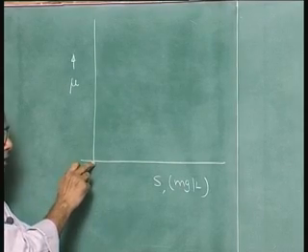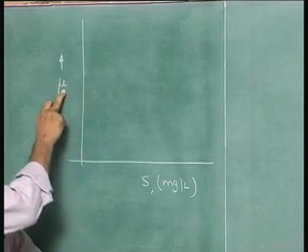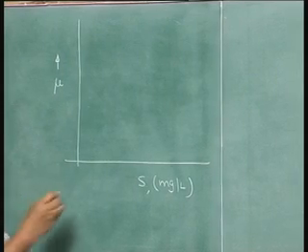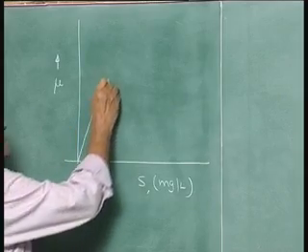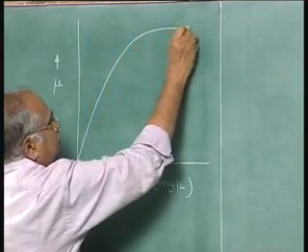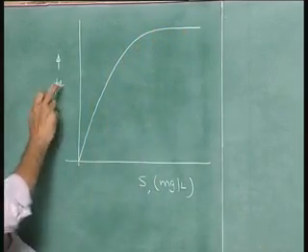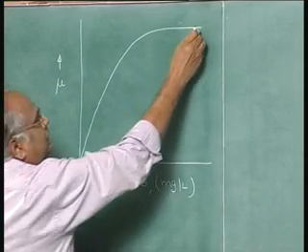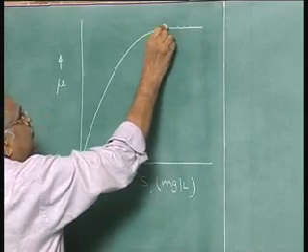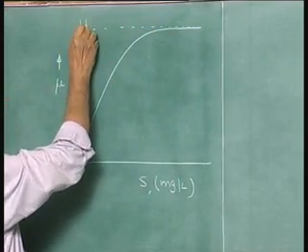When the substrate concentration is 0, mu is also 0, there is no growth rate. As you increase the substrate concentration, mu also increases. It reaches a maximum value, and this is called mu max.